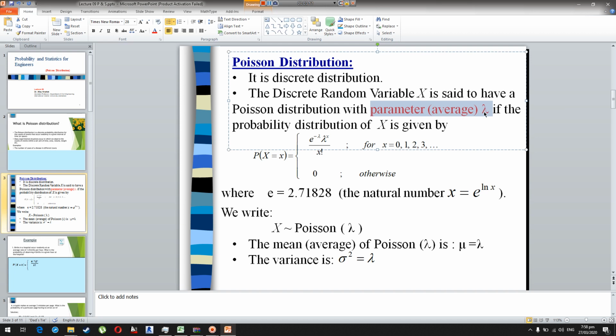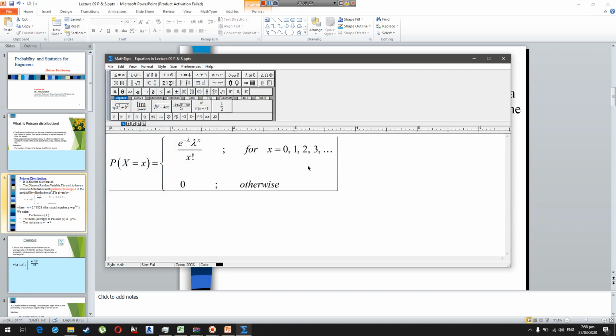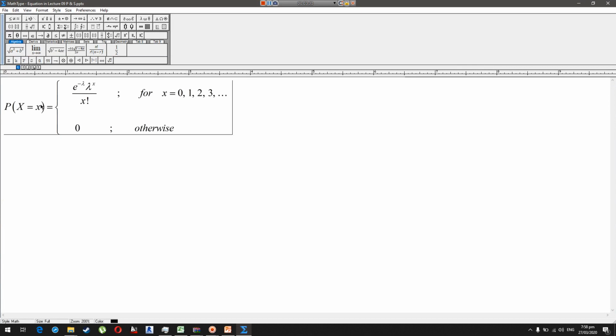So the probability value for any random variable x will be given by this equation. For any value of the random variable x, that might be 0, 1, 2, we can input these values into the equation.